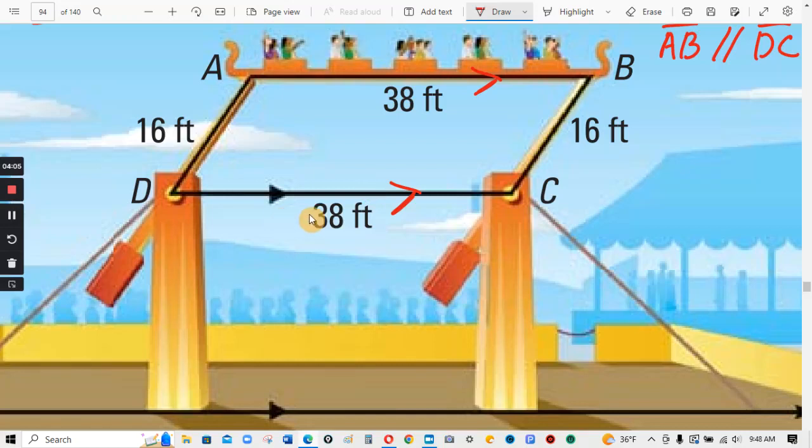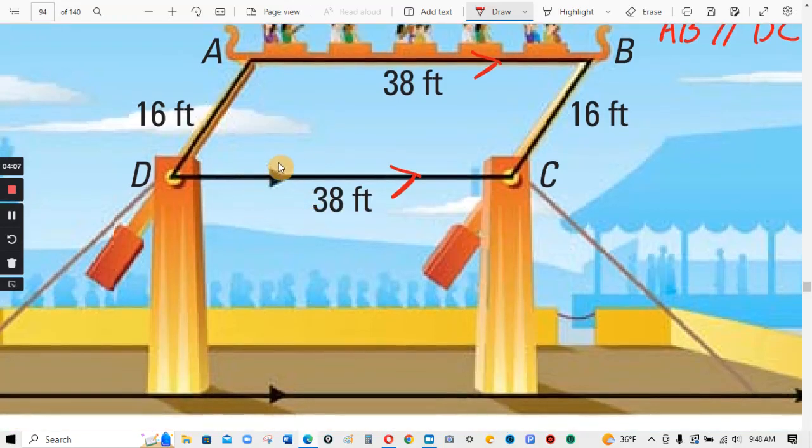And because DC is parallel to the ground, that means AB is also going to be parallel to the ground.